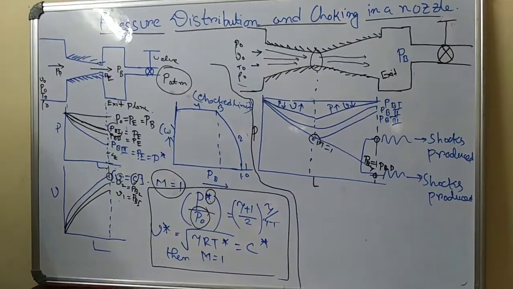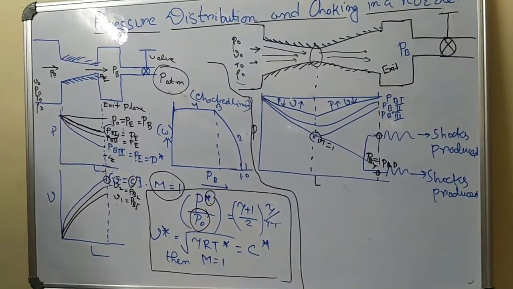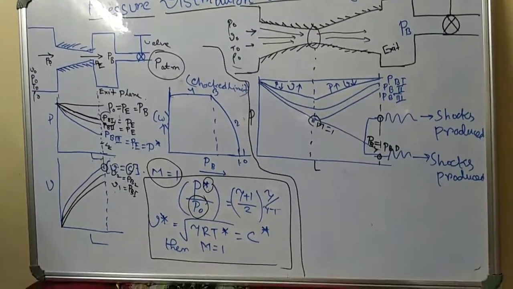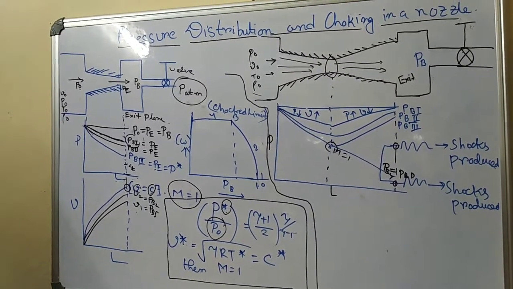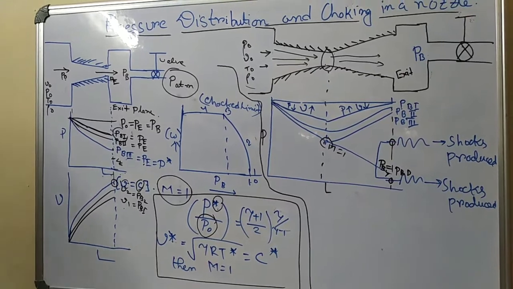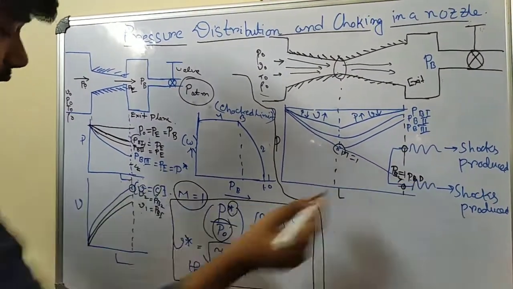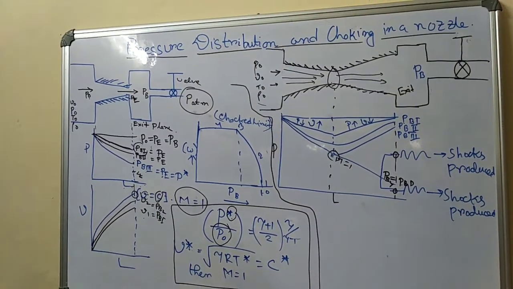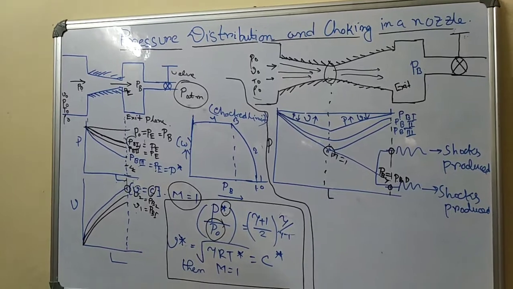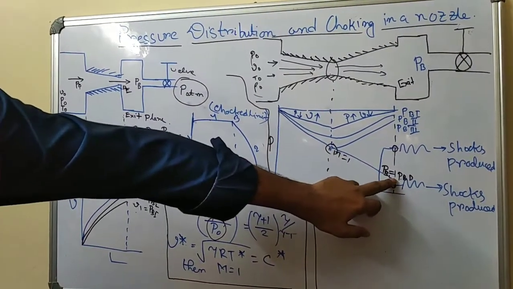Now, if you go beyond PB4, that particular condition is basically called the design pressure ratio, and that design pressure ratio is also designated with PBD. Suppose this is your design pressure line.